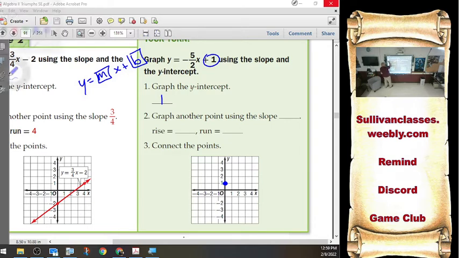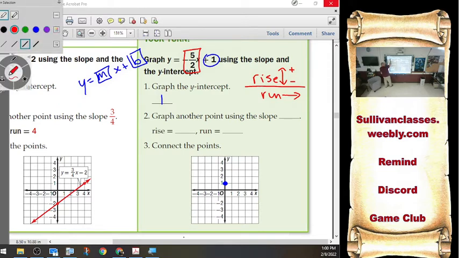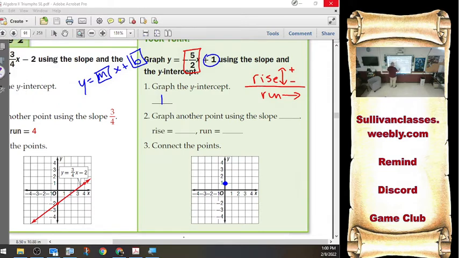Graph another point using the slope. Remember that the slope is rise over run. Now the catch to this is that it was a negative number. So if I have negative 5 halves, that tells me down 5, right 2.